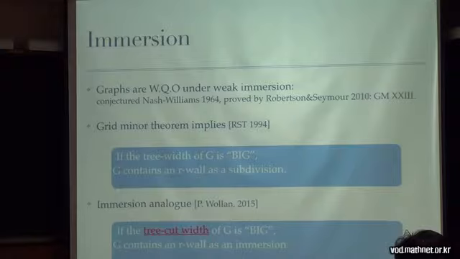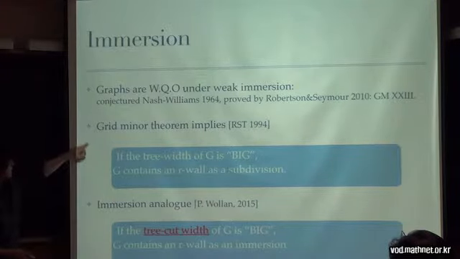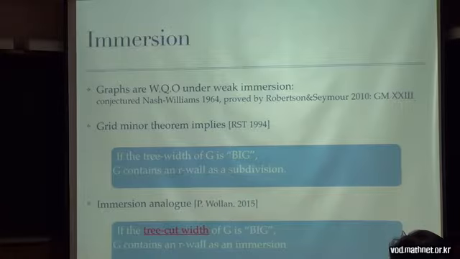Forget about what weak means, but it's under immersion in the way that I introduced. It was conjectured some time ago, and it was rather recently proved. And you have some analogous phenomena going on between the world of immersion and the world of minors.